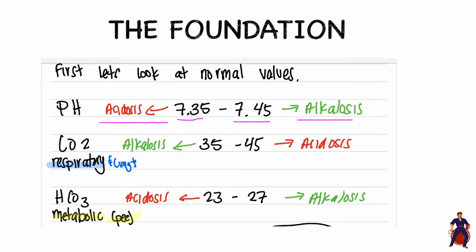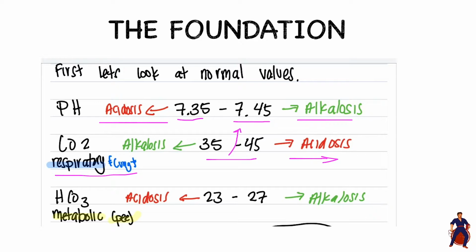One of the two components that regulate our pH is CO2, which comes from our lungs. This is why we highlighted this blue, and our range for that is 35 to 45. As you can see, it's similar to our pH, so it should be simple to memorize. If we're higher than 45, we're going to be acidotic. Why is that?